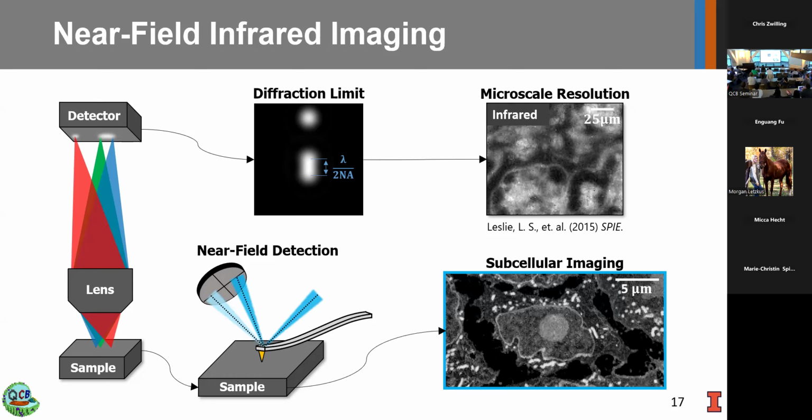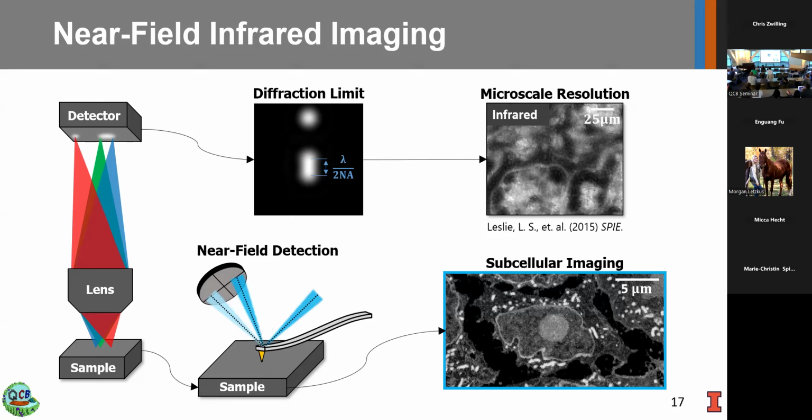So for applications that require much higher lateral resolution, we can instead detect the IR signal not in the far field, but in the near field configuration, using what's known as an atomic force microscope. Conventionally, AFMs use small cantilever probes, shown here with a sharp tip approximately 20 nanometers or so in radius, to map structural details in the height of the sample.